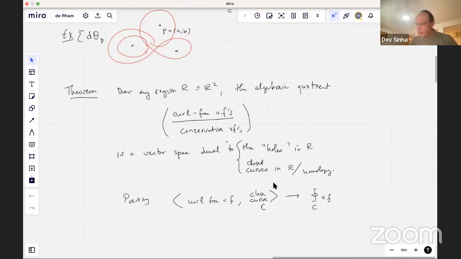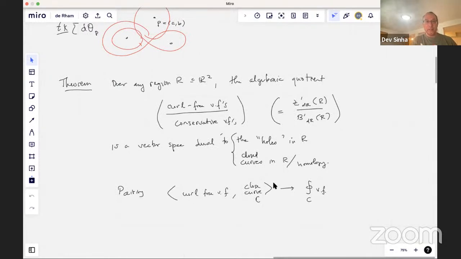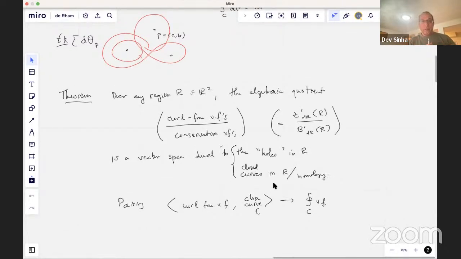Just for later, I'll say notation. These are the first cycles in de Rham theory in the region, and these are the first boundaries in de Rham theory in the region. That's notation. We probably won't rely on it too heavily, but you've got this idea that the defect, the difference between being curl-free and being conservative, is exactly governed by the topology, or you could look at it as a measure of the topology.